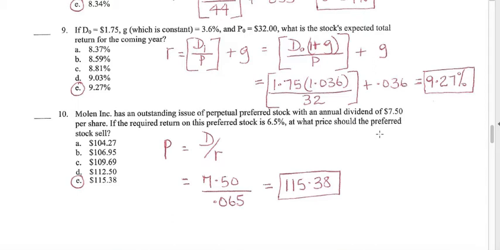In other words, what is the P? The price of the stock is simply D over R. So very simply, $7.50 divided by 0.065, and that is equal to $115.38.